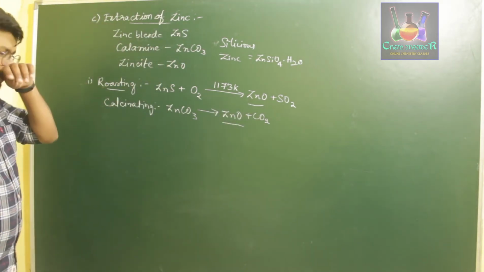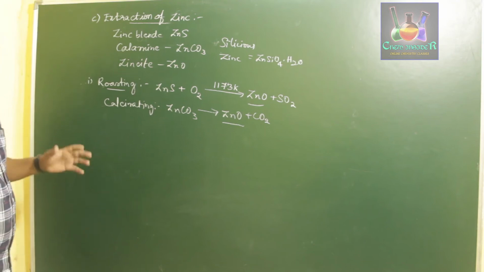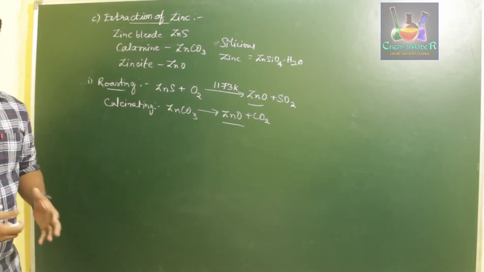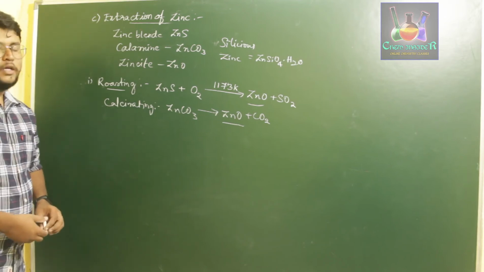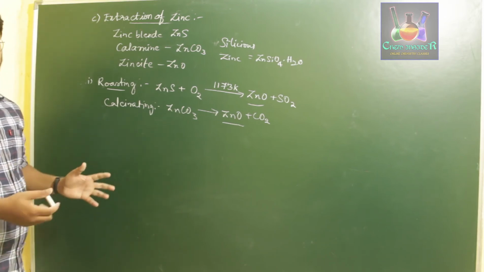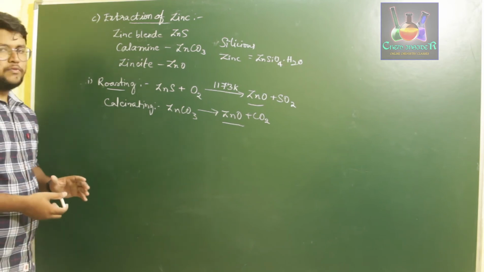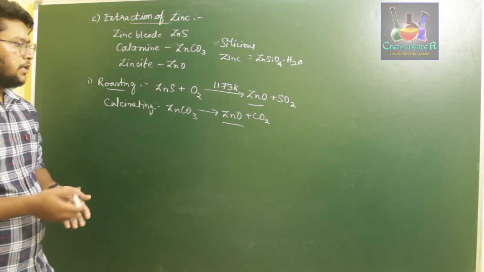So now for the extraction of zinc from its oxide, what you have to observe is that it is a strongly electropositive metal which cannot be easily reduced by different reducing agents. So what we usually do is we take the help of high temperature.